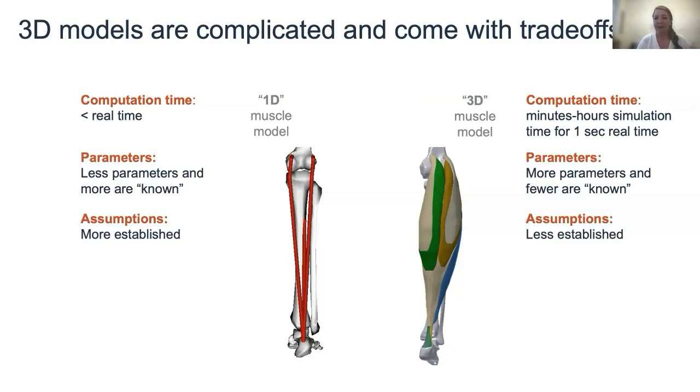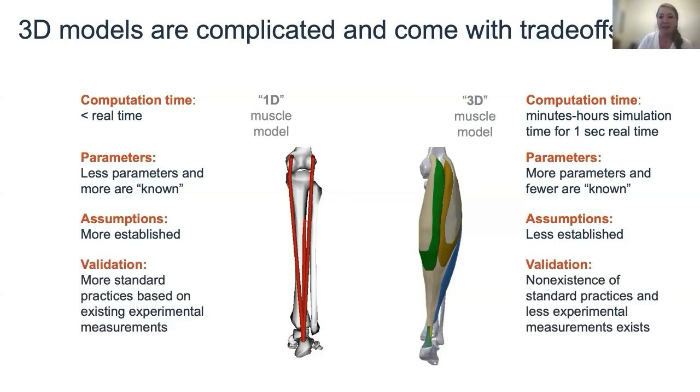We're working on building these up, but they have not been used as long traditionally. So we have less establishment of both the assumptions that go into these models and our validation approaches. We talked about validation practices for a 1D model, and similarly with the 3D model we would validate, but there are less standard practices and more questions about what experimental measurements would be best to approach this.